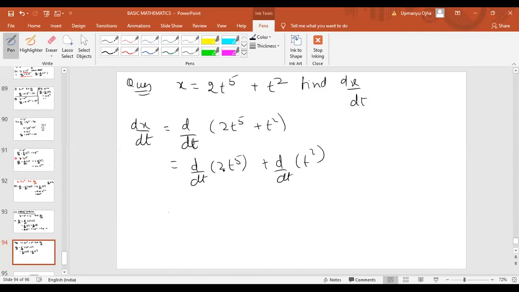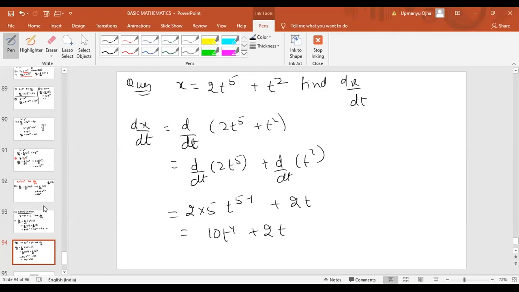Now it becomes t power n form, so we write 2 into 5 t power 5 minus 1 plus 2t, which means 10t power 4 plus 2t is the correct answer.